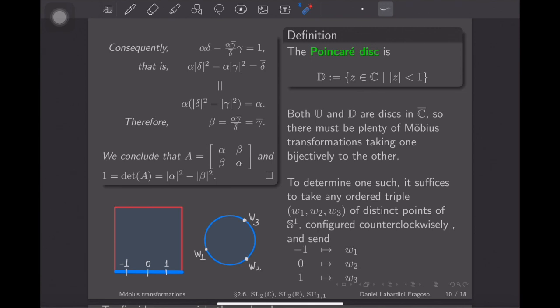As I said, I pretty much already introduced a set that is going to be one of the models of hyperbolic geometry. Another model is going to be the Poincare disk, so I introduce it now. And now what I'm going to do is take a specific Möbius transformation, sending, as I said before, 0, 1, infinity to certain 3 points in the unit disk.